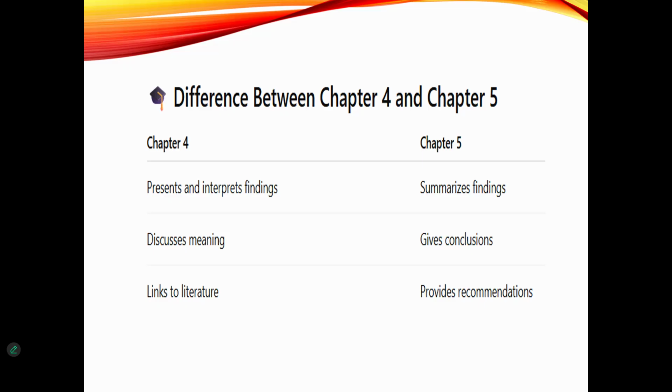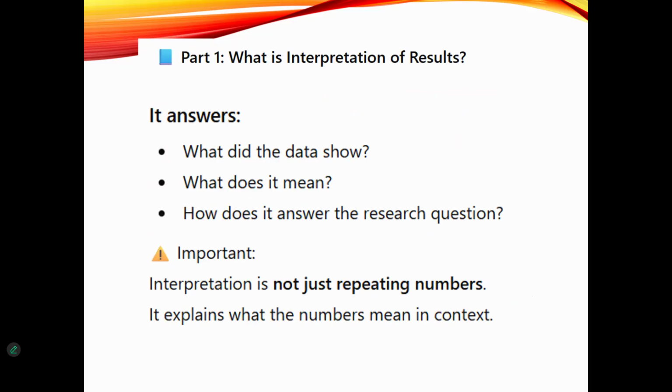In chapter 4, you will link the analysis and the results to related literature, whereas in chapter 5, you will provide recommendations. The recommendations can be to improve your developed product, recommendations from the panel, or other recommendations derived from related studies. So that's the difference between chapter 4 and 5.